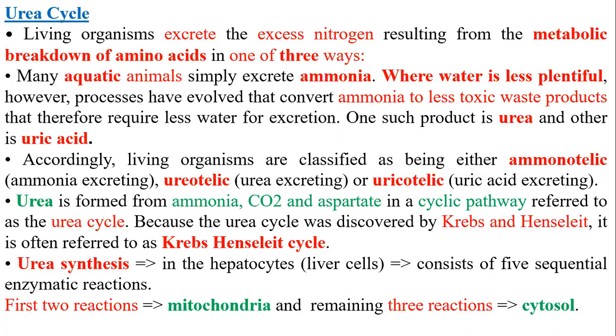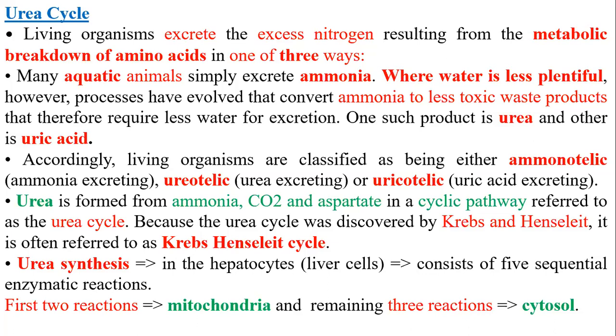Accordingly, living organisms are classified as being either ammonotelic, that is ammonia excreting, specifically aquatic animals, fish, etc.; ureotelic, that is urea excreting, specifically mammals including human beings; or uricotelic, that is uric acid excreting, specifically lizards, insects, birds, etc. Urea is formed from ammonia, carbon dioxide, and aspartate in a cyclic pathway referred to as the urea cycle.